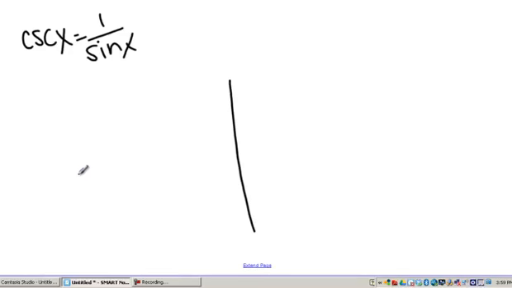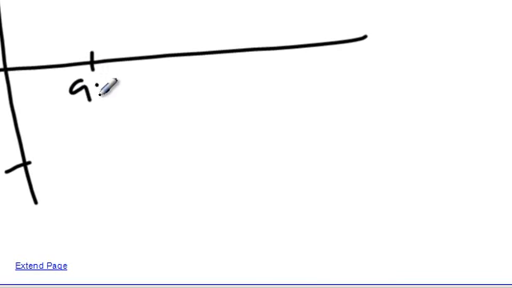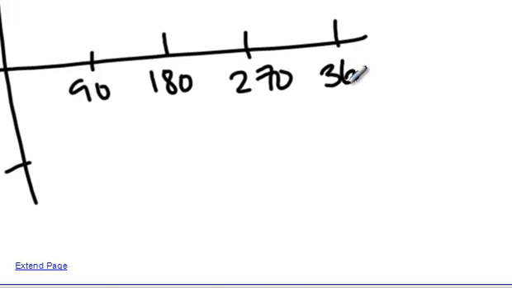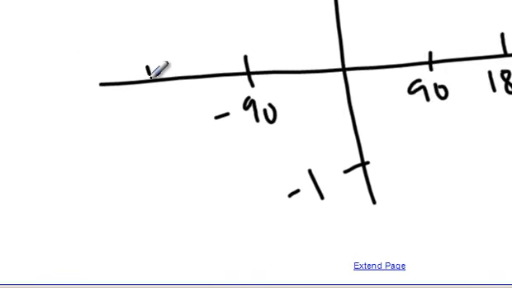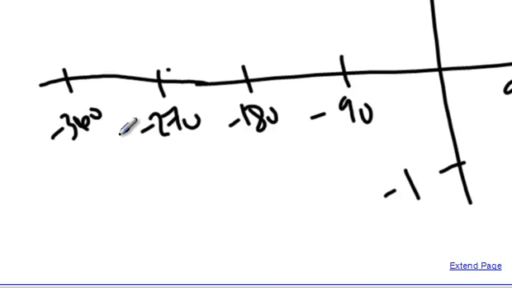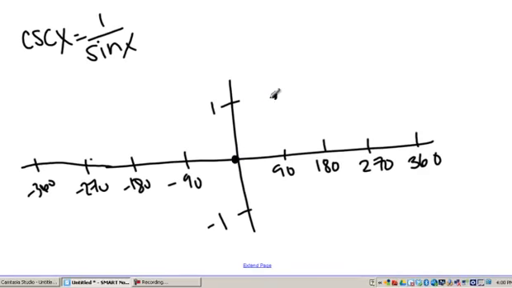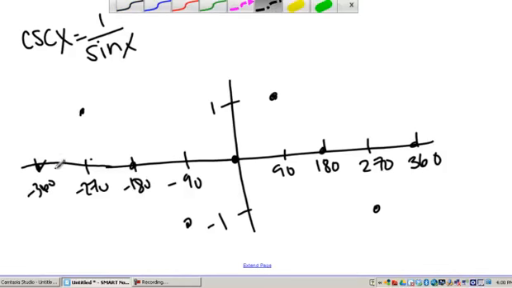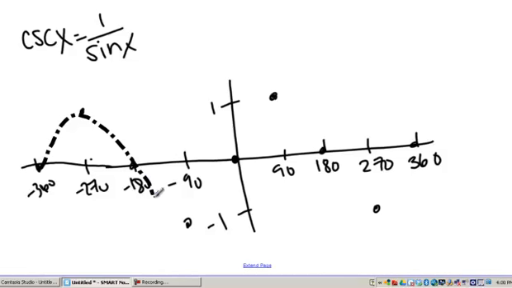Again, we're going to graph our parent function, 90, 180, 270, and 360. Okay, remember sine starts at the sinusoidal axis and then goes up. Okay, so what we just graphed was our parent function of sine.